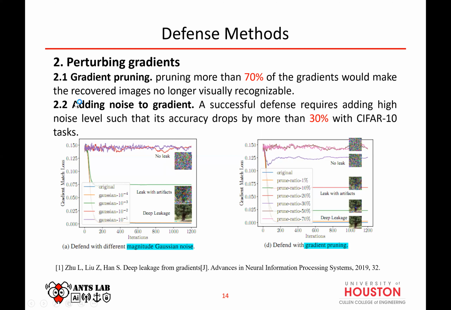We can also add noise to the gradient, for example differential privacy. But in the experiment of the first method, a successful defense requires adding a high noise level such that accuracy drops by more than 30% on the CIFAR-10 dataset.